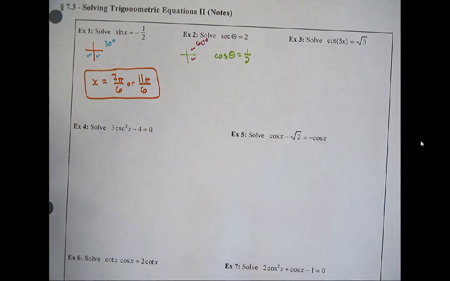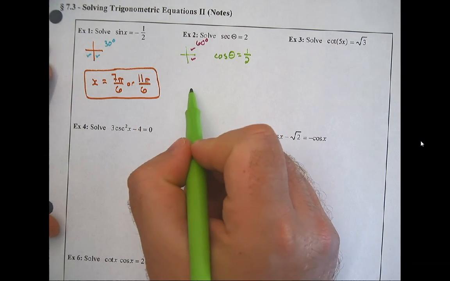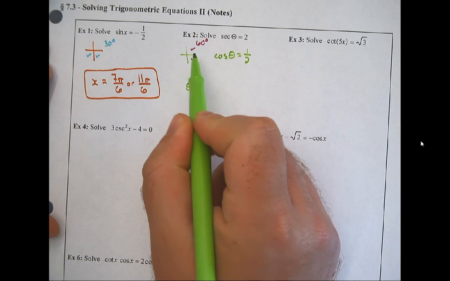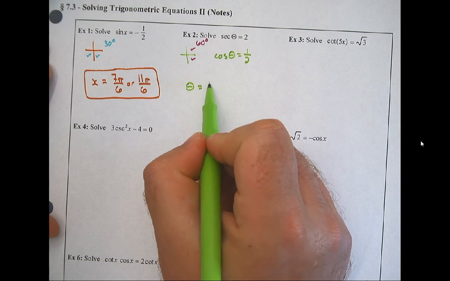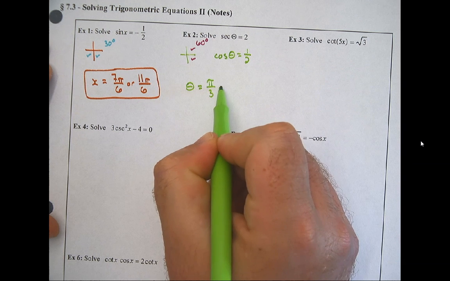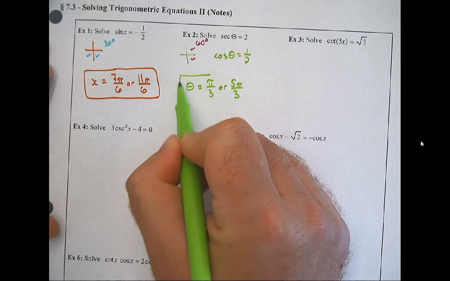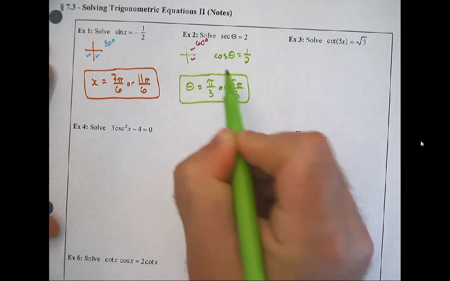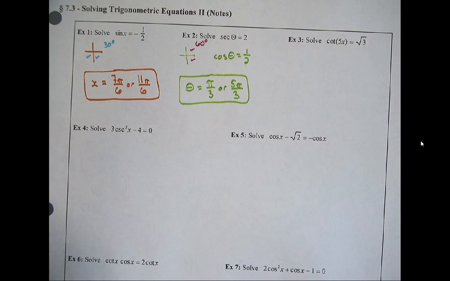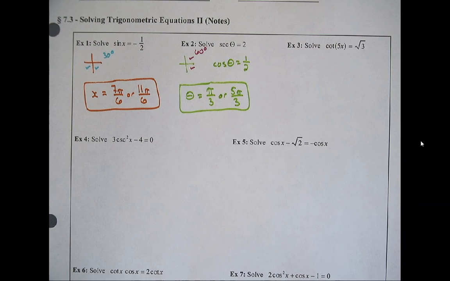So I'm finding the 60 degrees that are in quadrants 1 and 4. So theta would be equal to pi over 3 or 5 pi over 3. If you're confused about this check mark thing, go back and watch, I think it's 6.3, how to solve trig equations part 1.